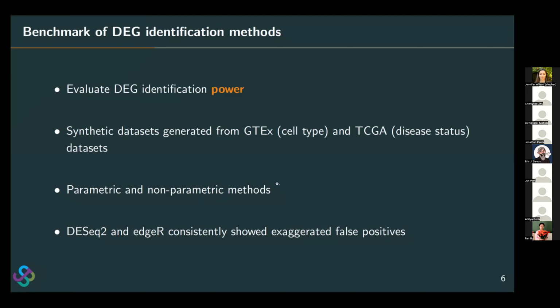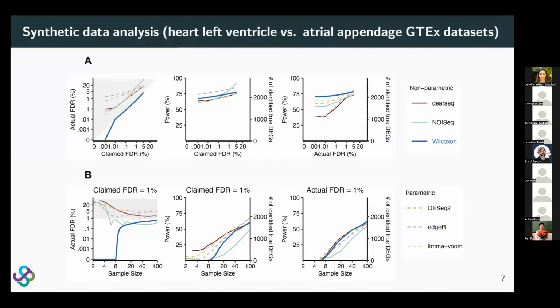For all the synthetic datasets, we compared 3 parametric methods and 3 non-parametric methods. And in all synthetic datasets, we find that DESeq2 and edgeR, these 2 parametric-based methods, consistently showed exaggerated false positives. And here is an example of one of those synthetic datasets, which was generated from a subsample of the GTEx dataset.